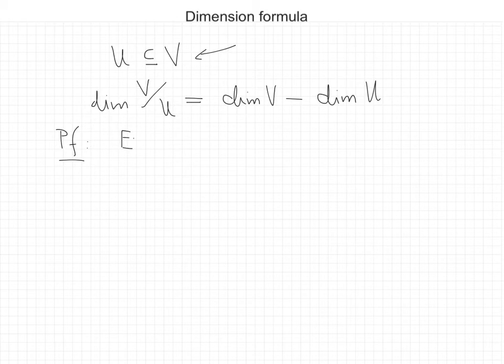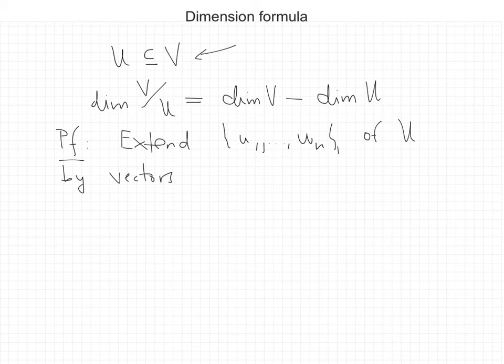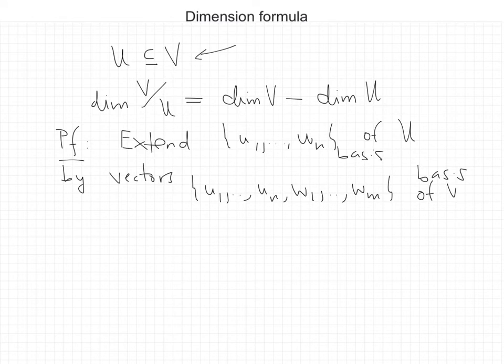Remember, we can take a basis u1 up to un of the subspace U, and extend it by vectors w1 up to wm to a basis of the whole space V. And now I can define the subspace W to be the span of the vectors w1 up to wm.